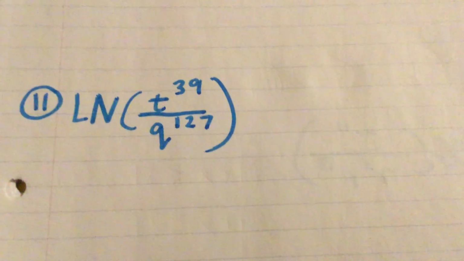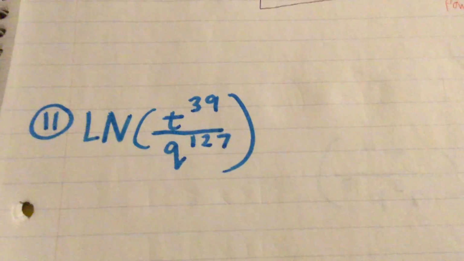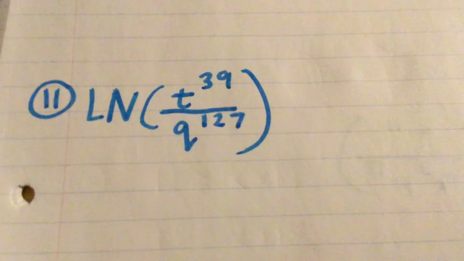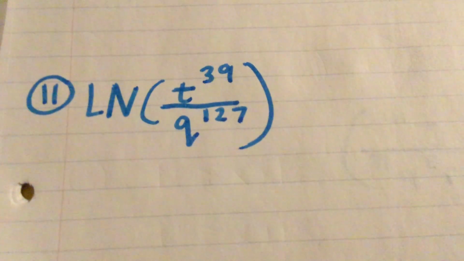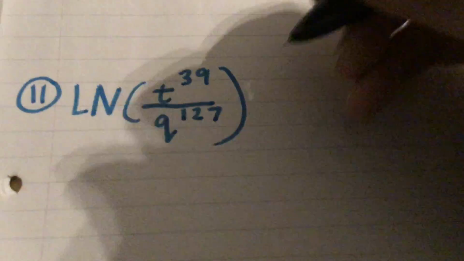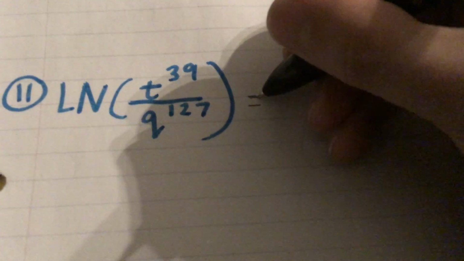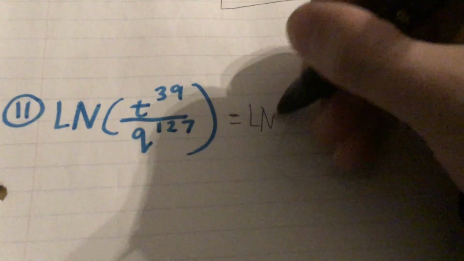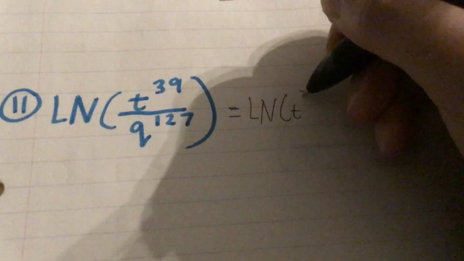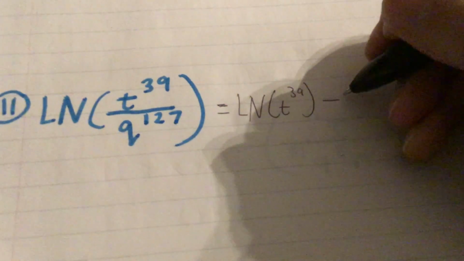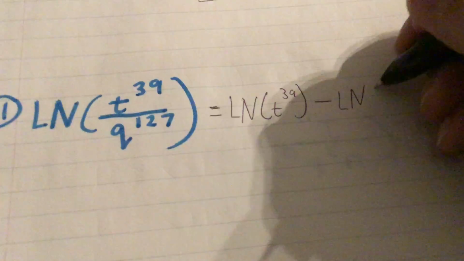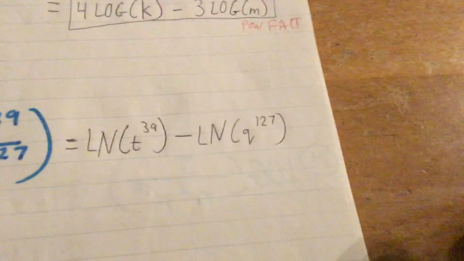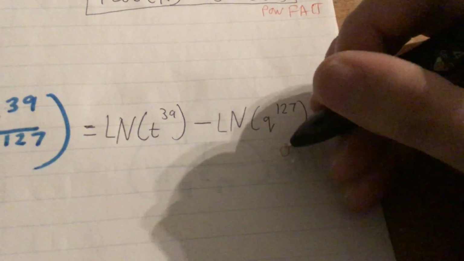All right, number 11. See if you can do this one on your own. The natural log of t to the 39th over q to the 127th. So that is a division problem, which means I can expand this by making it a subtraction problem. So that becomes the natural log of t to the 39th minus the natural log of q to the 127th. And the reason I can do that is because of the quotient difference rule.